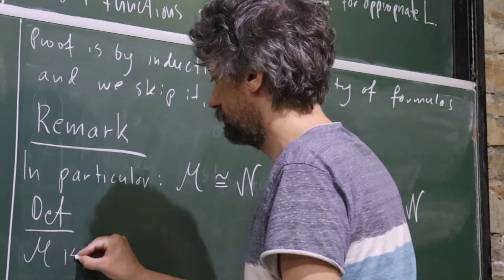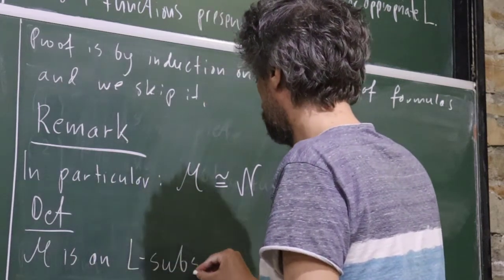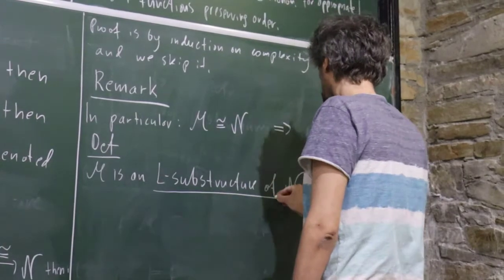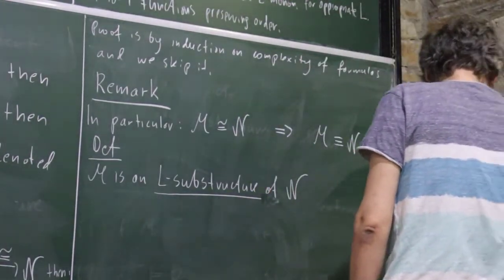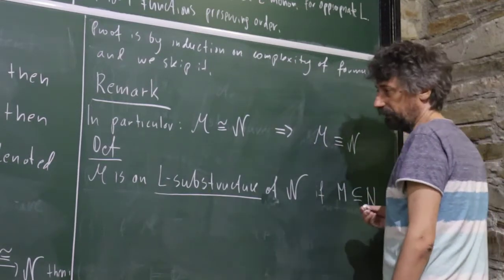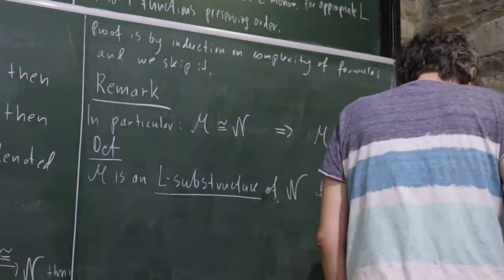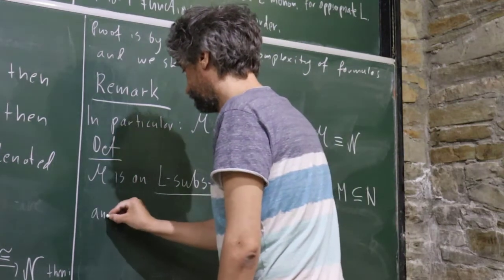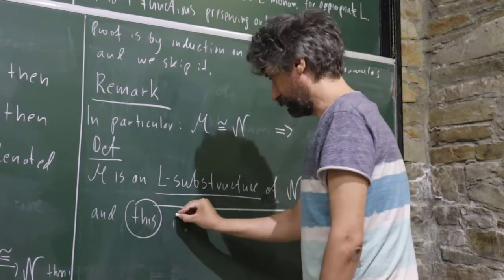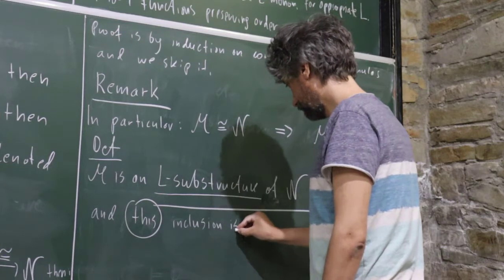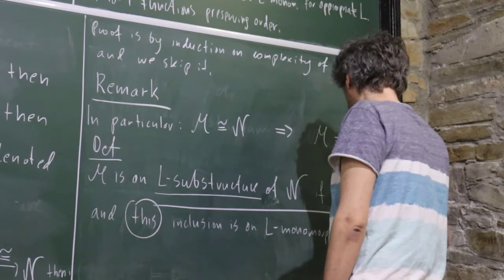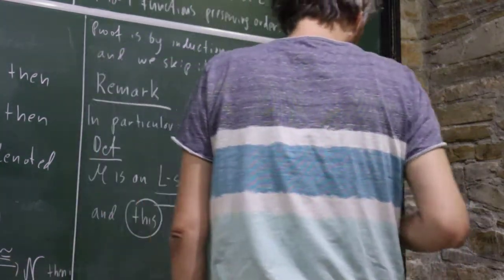So M is an L substructure of N. So of course, if the universe is a subset of the bigger universe, and this inclusion is a monomorphism. So that's pretty formal, so let us write what this means.